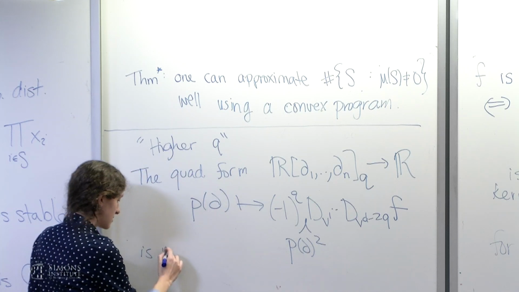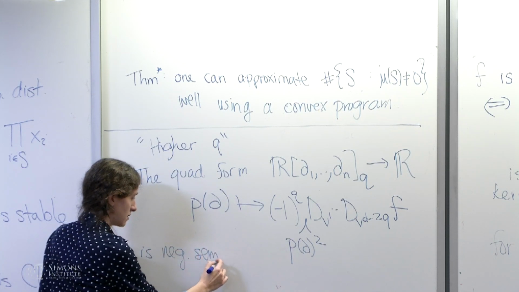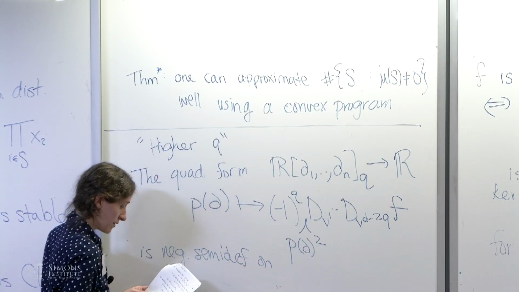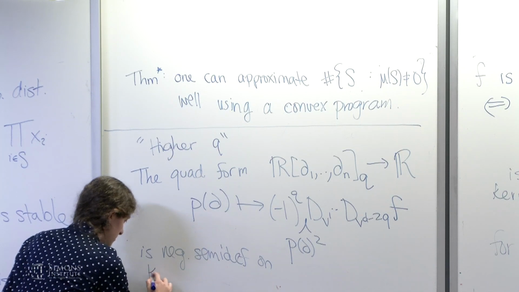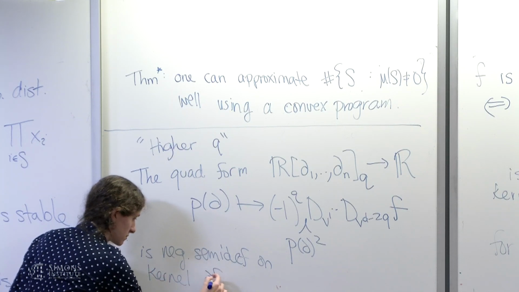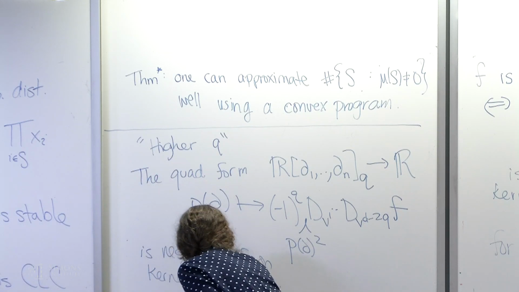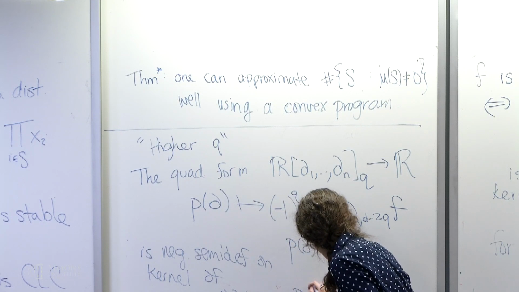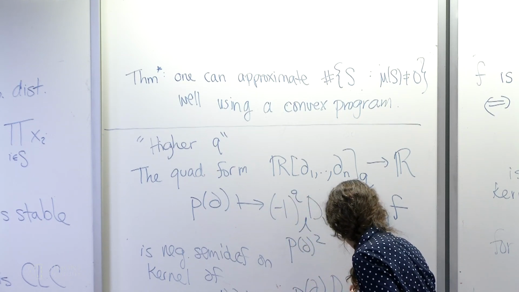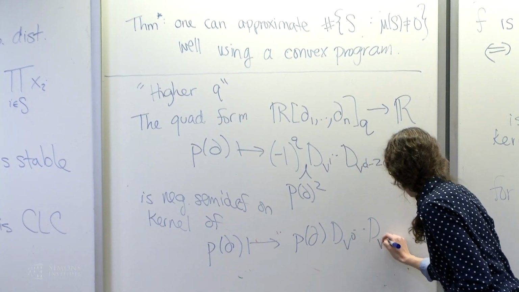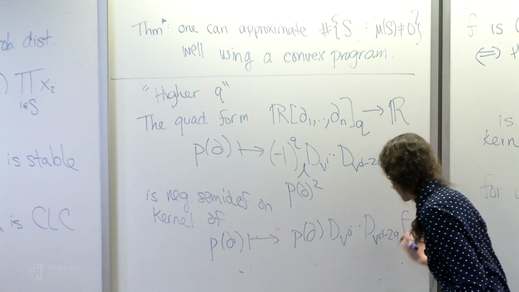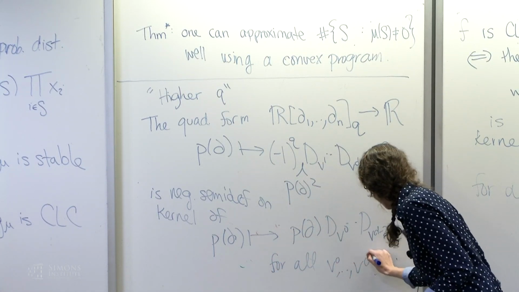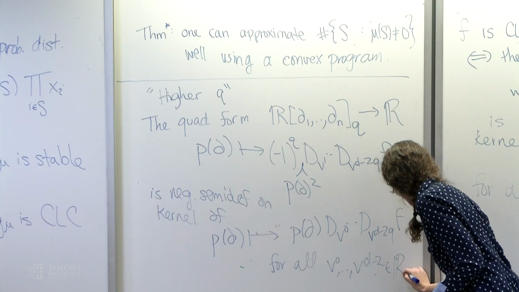The condition is that this is negative semi-definite on the kernel of some map, for vectors in the non-negative orthant.